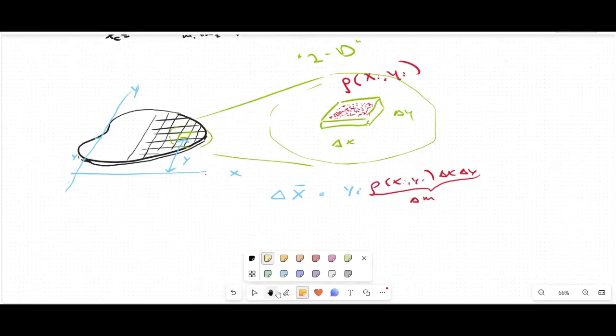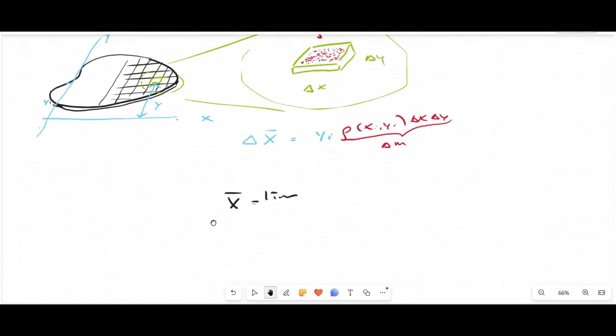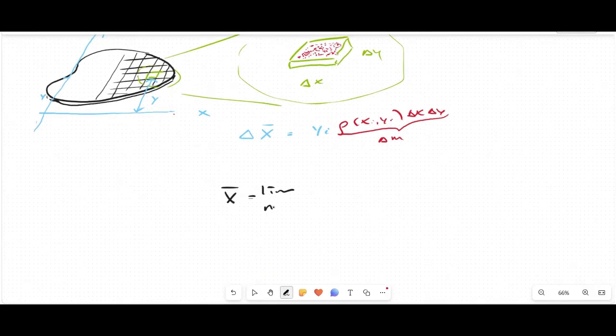So now I can devise this object. I'm going to call it X bar. And I'll put the limit right in. We've done a ton of integration at this point, so I think you can tell where I'm going with this. The limit as n approaches infinity, and I'm going to add up a whole ton of these, i equals 1 to n, j equals 1 to n.